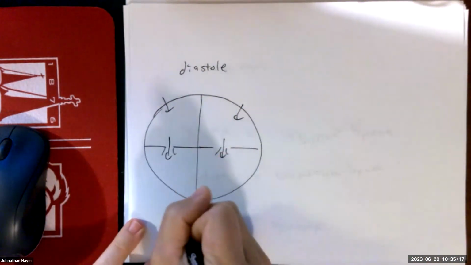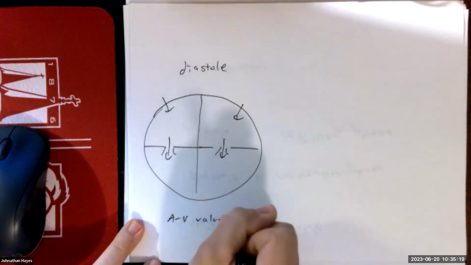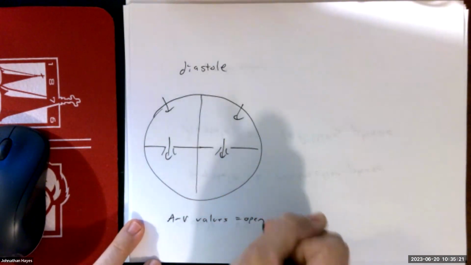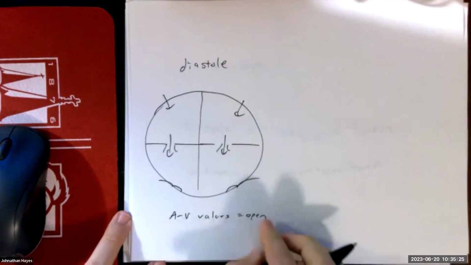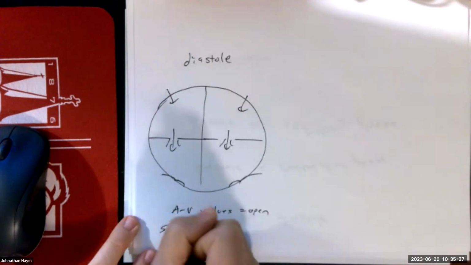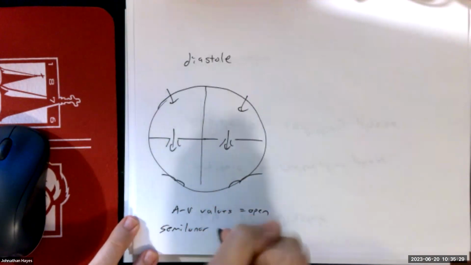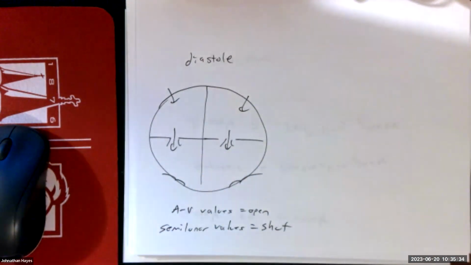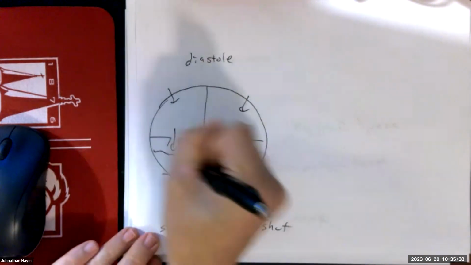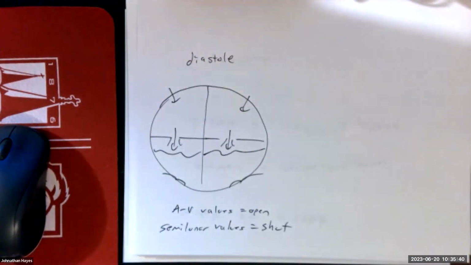During diastole, AV valves should be open. While we're trying to build up pressure, we can't just have it leaking right back out again, right? Semilunar valves should be shut, because we're trying to refill the ventricles.